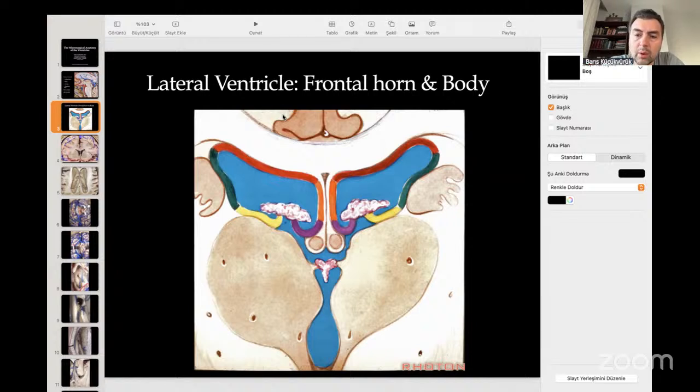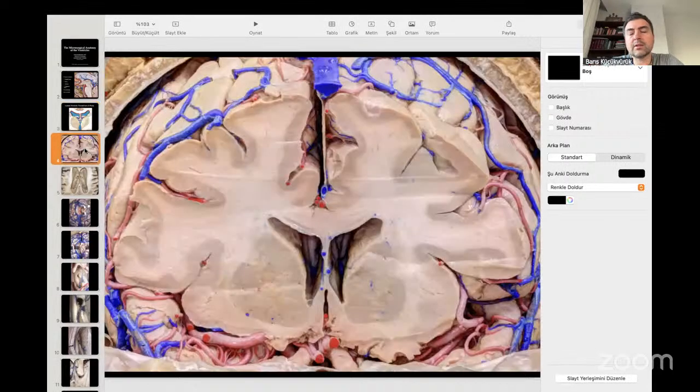On the medial wall, there is the septum pellucidum. The septum pellucidum forms the majority of the medial wall, but most inferiorly, the medial wall is formed by the fornices. Also more posteriorly, the floor of the body of the lateral ventricle is formed by the thalamus.